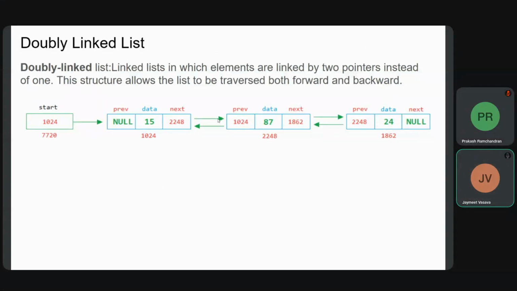You can see the implementation diagram of a doubly linked list here. You can see the previous pointer pointing towards the previous element, and the data and the element's next pointer pointing to the next element, the one that is after it.